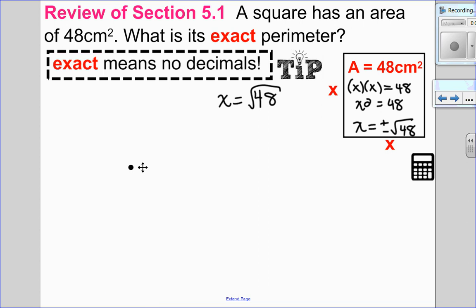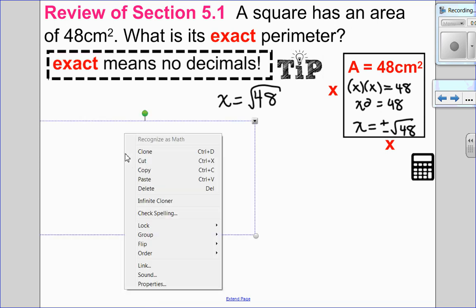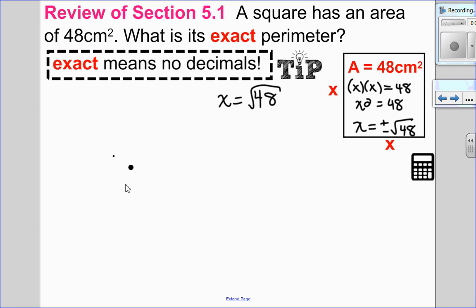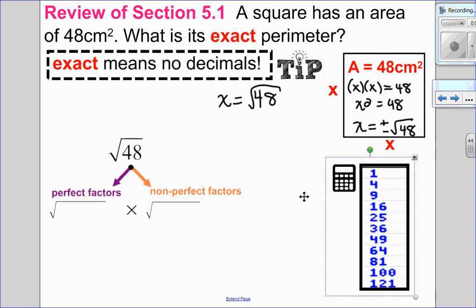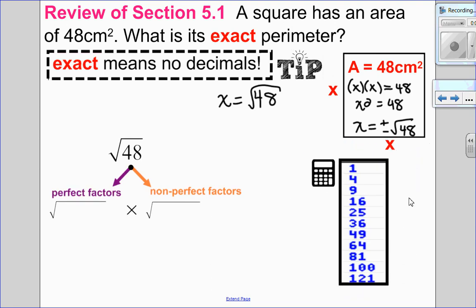To be able to do this, I need to now simplify the square root of 48. I'm going to break it down into its perfect and non-perfect factors. To do that, I'm going to look at my perfect squares and find the highest perfect square that goes into 48, which is 16.